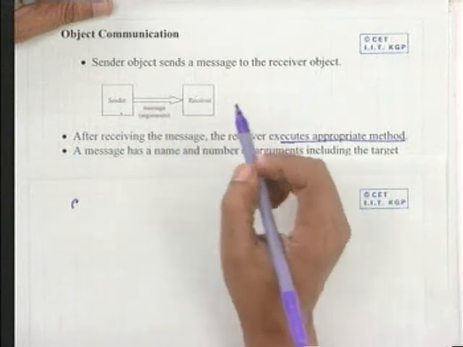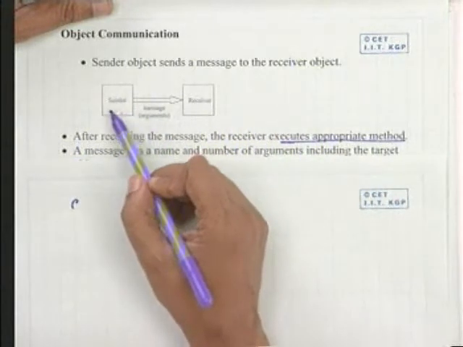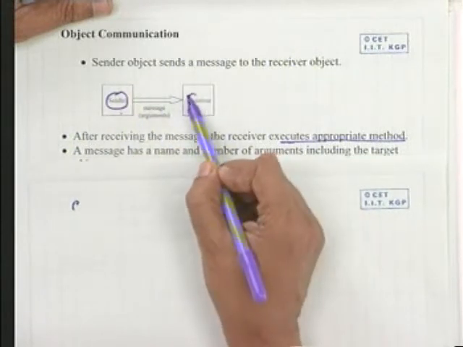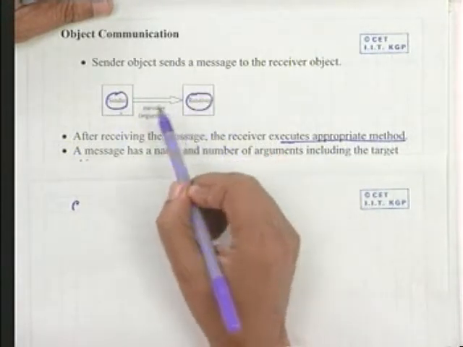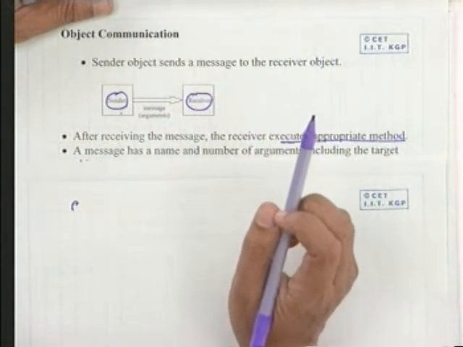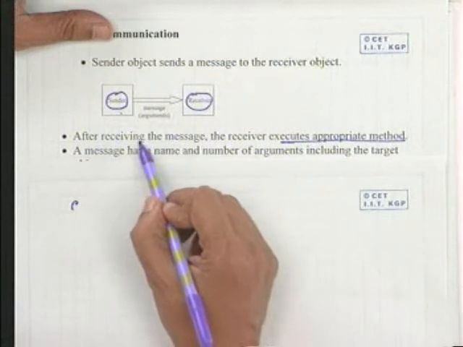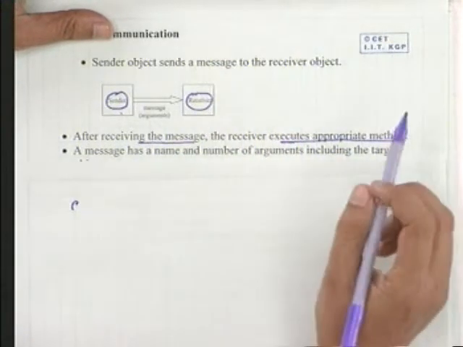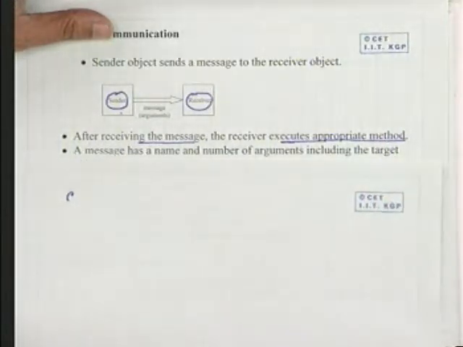So in an object-oriented environment, each sender will be an object, each receiver will be an object, and they will communicate in terms of messages. And we must remember that when a receiver receives a message, it will execute the appropriate method.